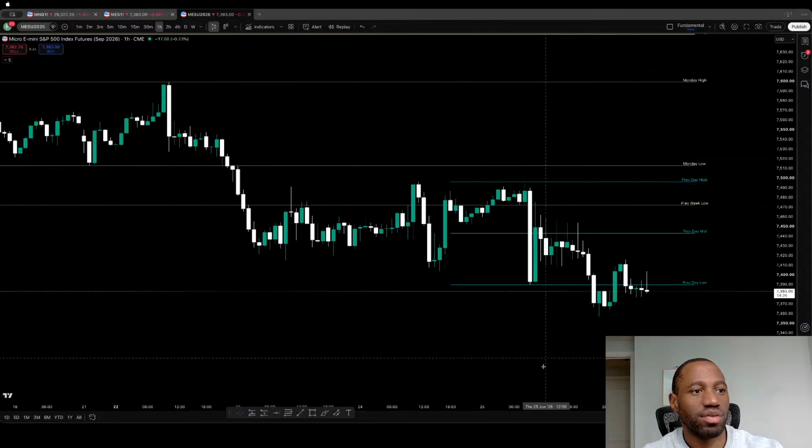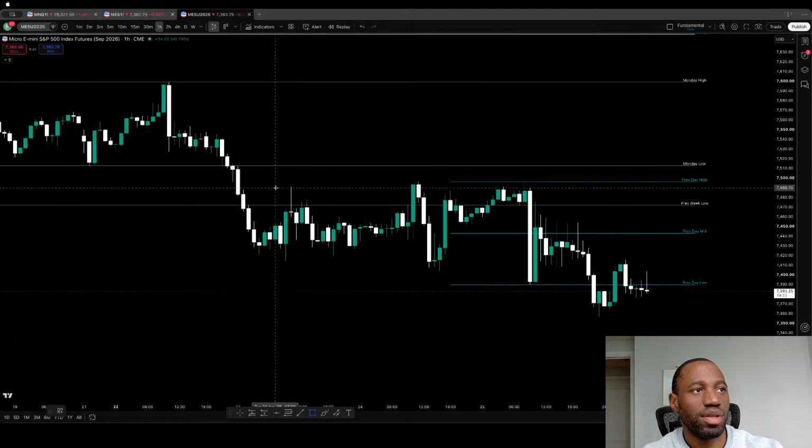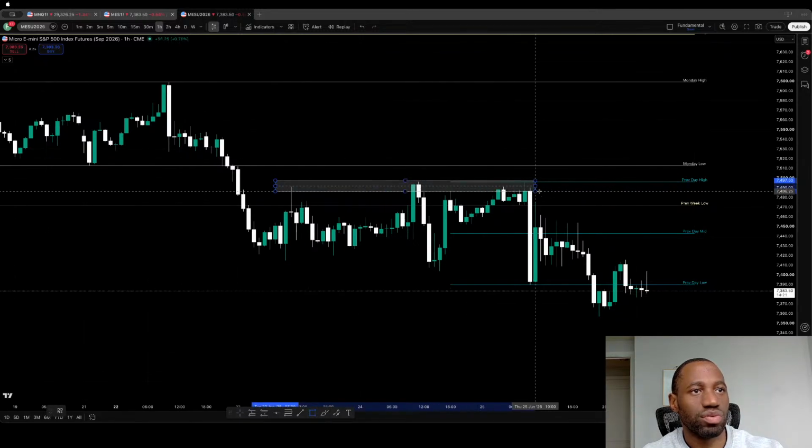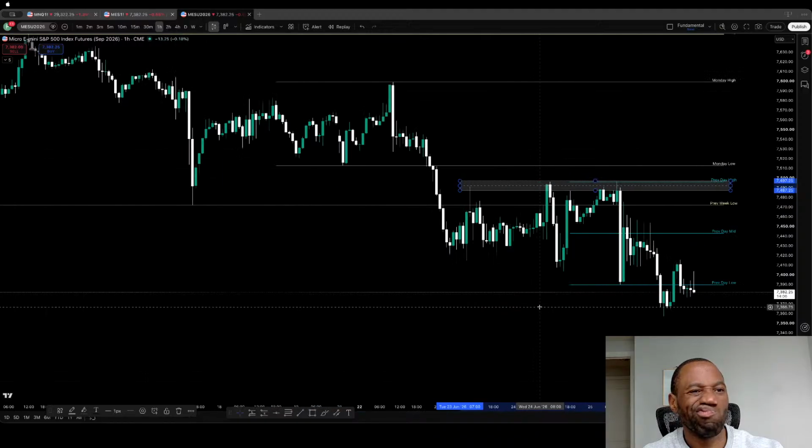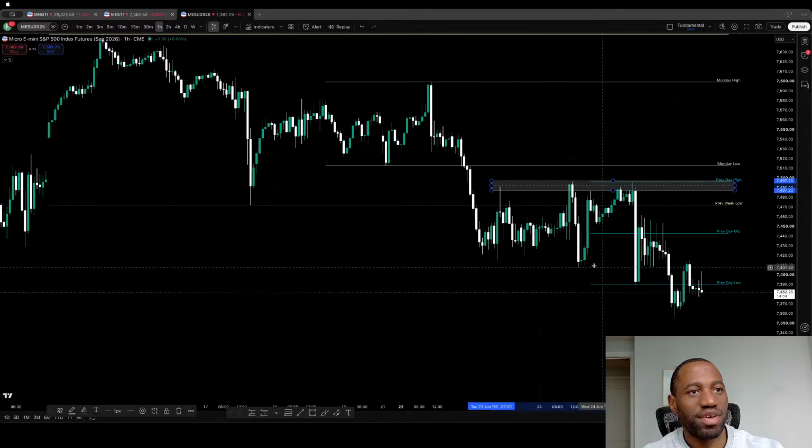Yesterday was Thursday. So we have that confirmed that sellers are in control at this level between 487 and 497. 7,500 is that big round number where ES would need to get there for us to see somewhat of a reversal of this bearish trend we're having.